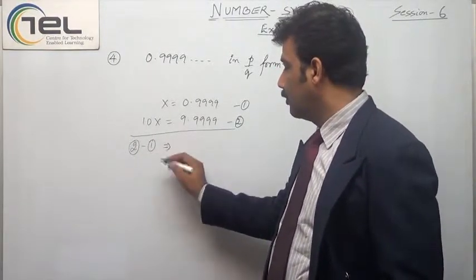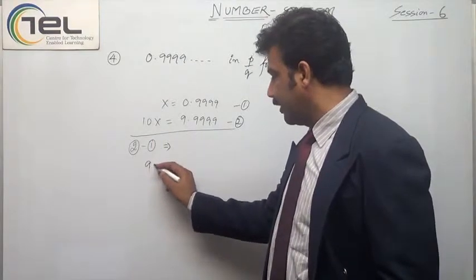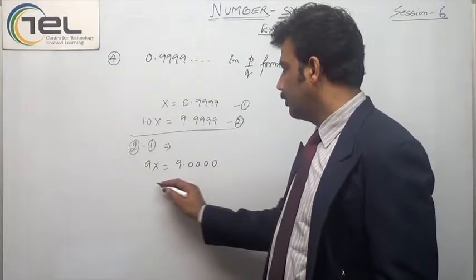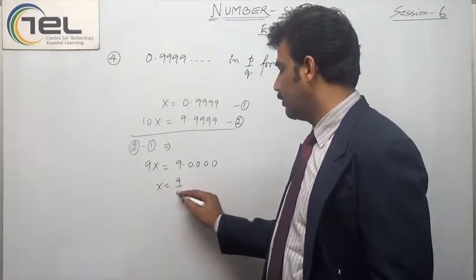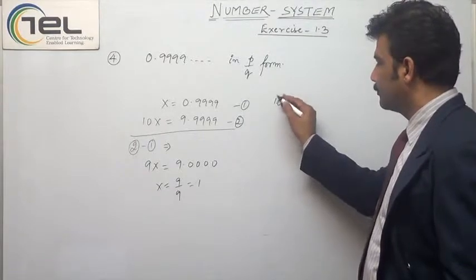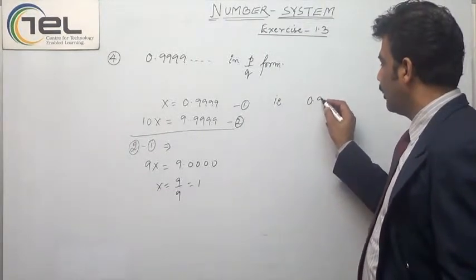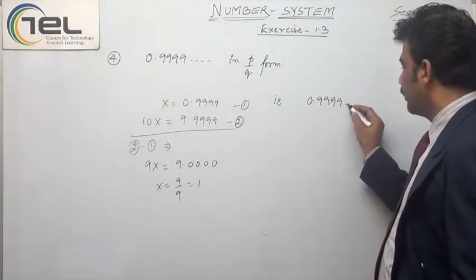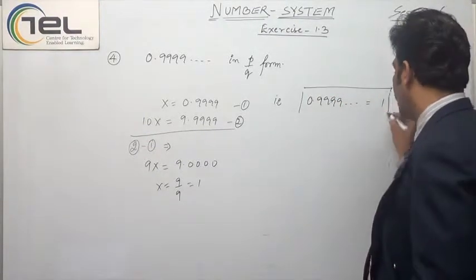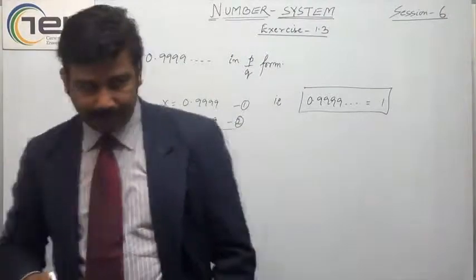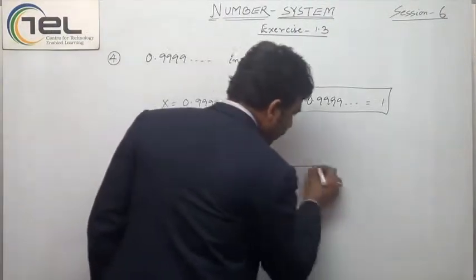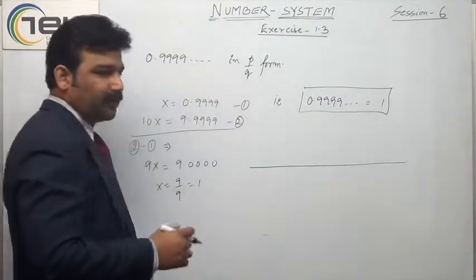So what I get is 9x equals 9.0000, and x gets 9 by 9, and I get 1. That is, 0.9999 and so on is equal to 1. Are you surprised? Really? The surprising factor can be explained in this way.